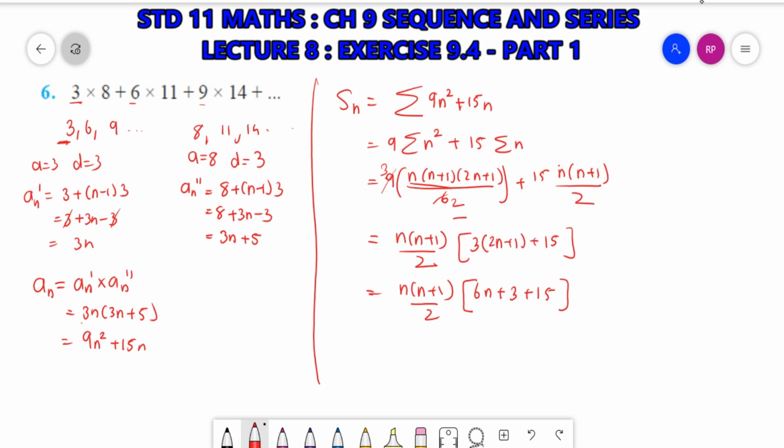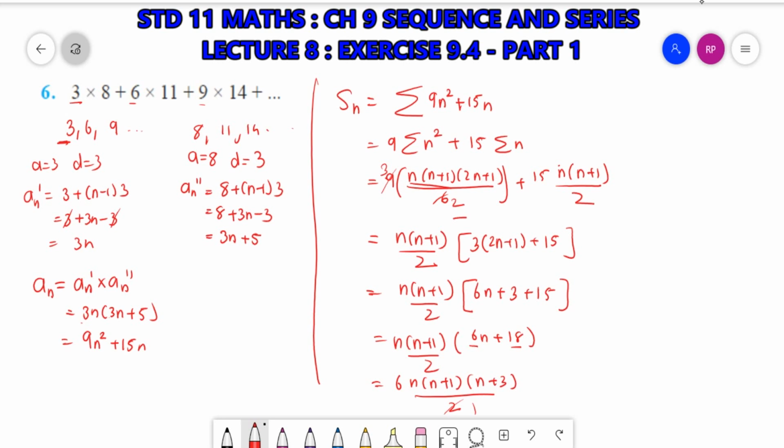Okay, so this will be equal to n into n plus 1 upon 2 into 6n plus 15 plus 3, that is 18. Now I can take 6 common from these two. So 6 I am taking common: n plus 6 threes are 18, upon 2.